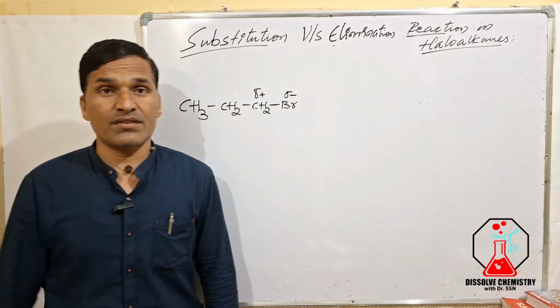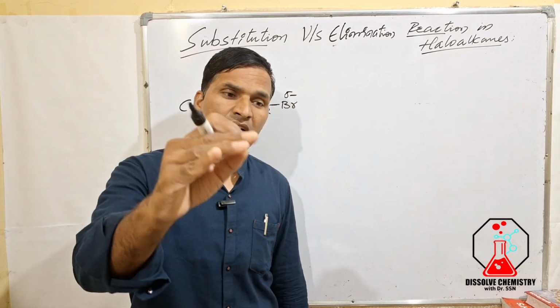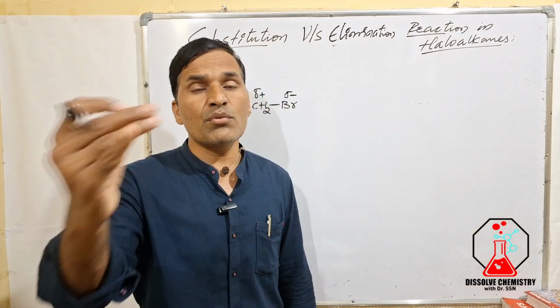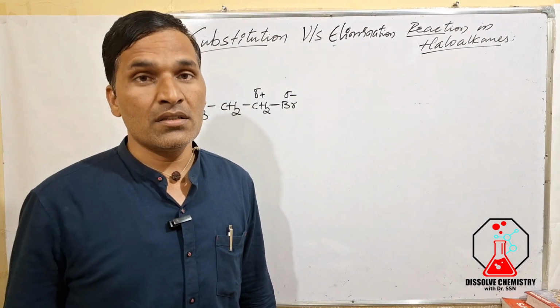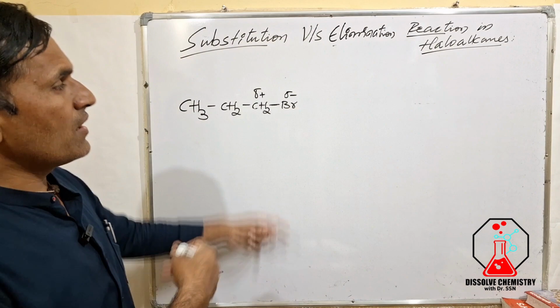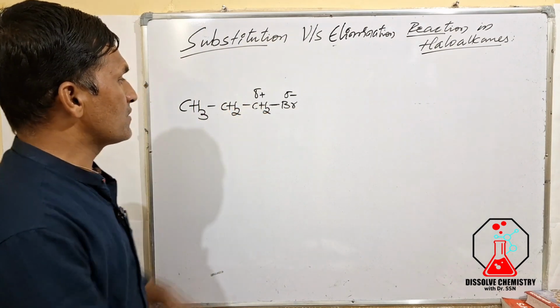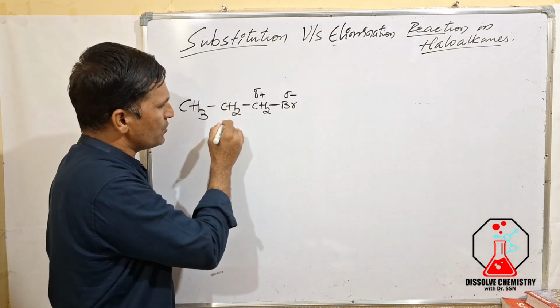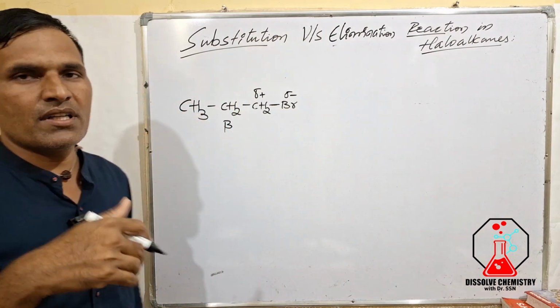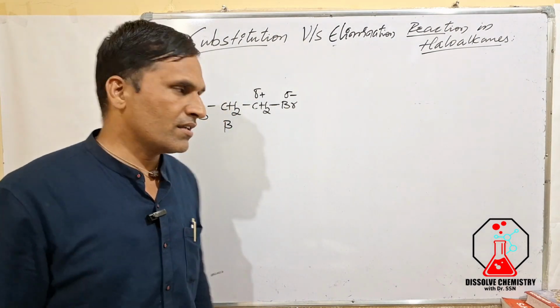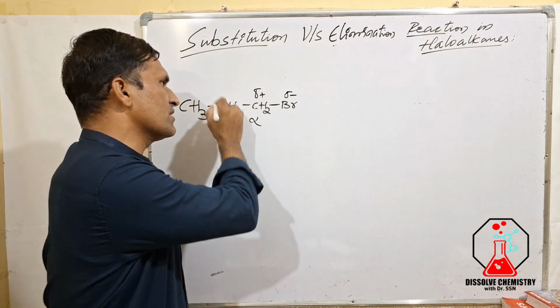Apart from this, in the presence of a Lewis base or nucleophile, if it is strong enough to abstract a proton, and if your haloalkane contains a hydrogen atom on the beta carbon atom, we call it a beta hydrogen. This is the alpha carbon, this is beta.